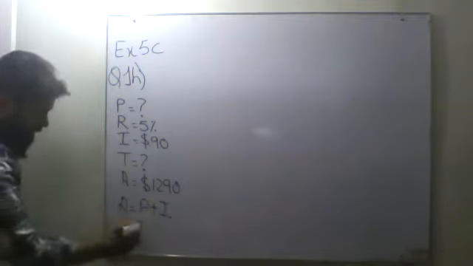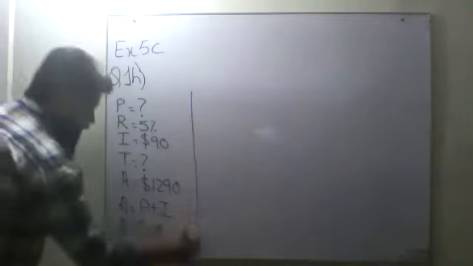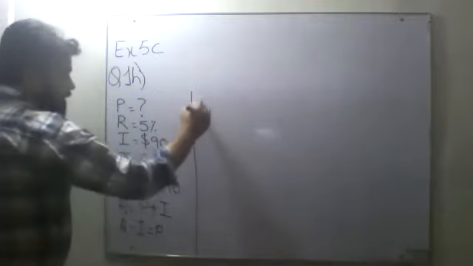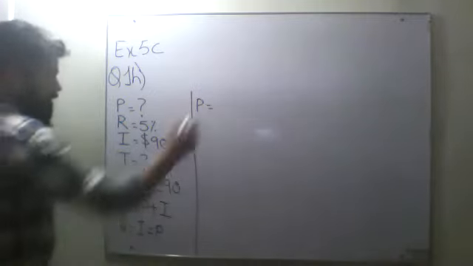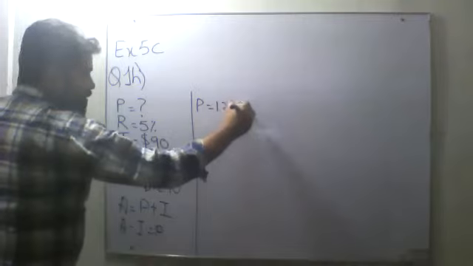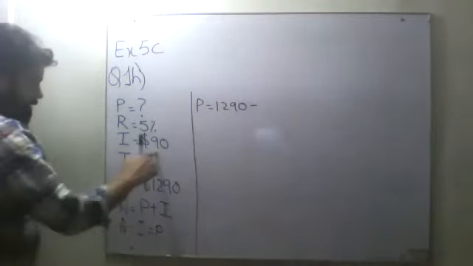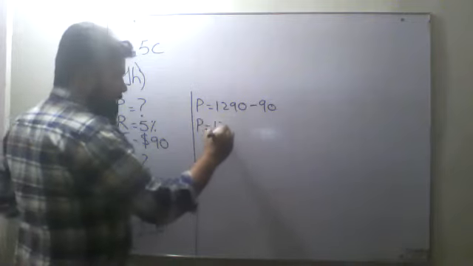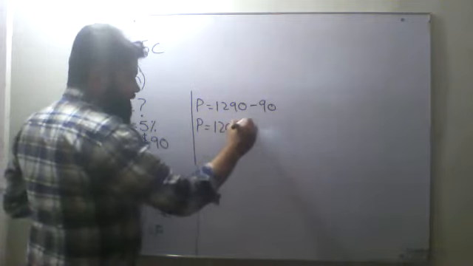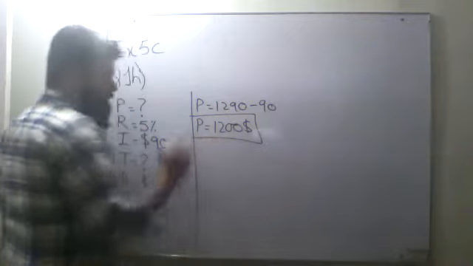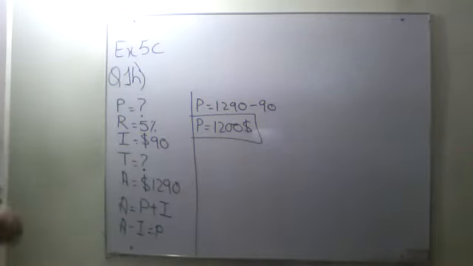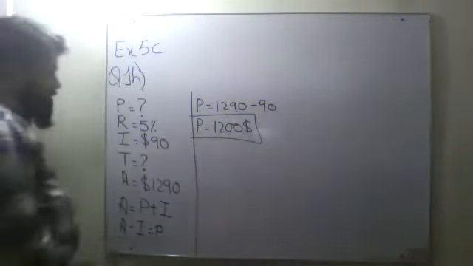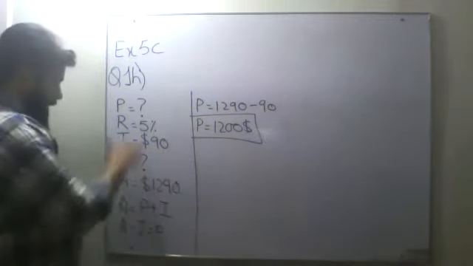A minus I equals P. What is the A value given to me? The A value is given. P equals A value 1290 minus I value 90. Okay, simplifying it, my principal will be equal to $1,200. Okay, so I have got my principal.